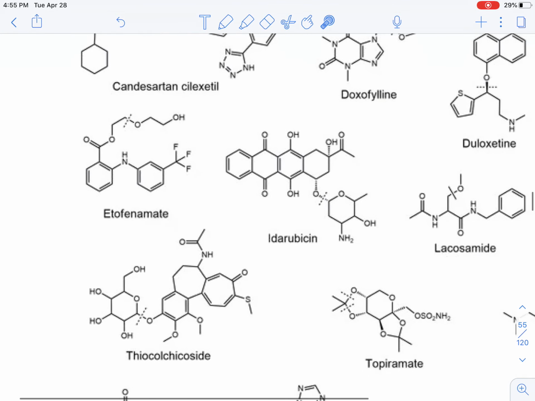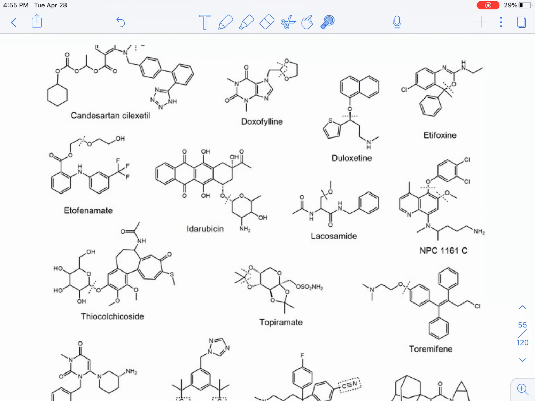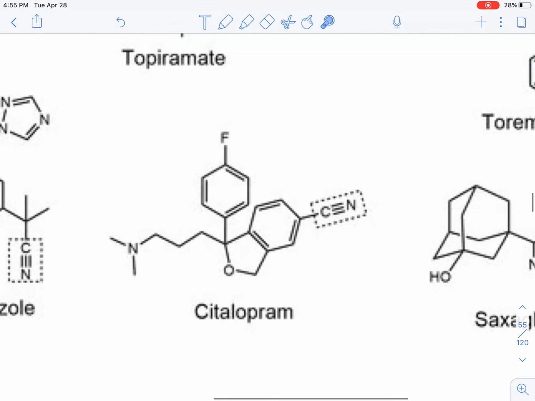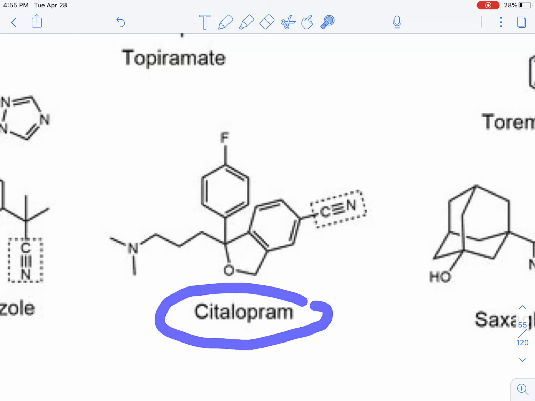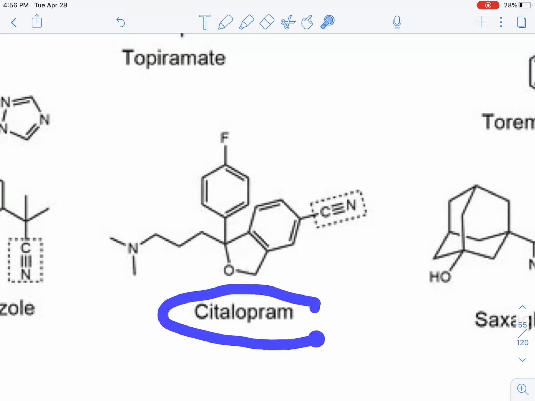And so in medicine, ethers are found in a lot of medicinal drugs. For example, here I'm just going to focus on two. Citalopram. Citalopram is a drug that's typically used to treat depression, and it can also improve a person's energy level and feelings of well-being. Citalopram acts more or less as a selective serotonin reuptake inhibitor.